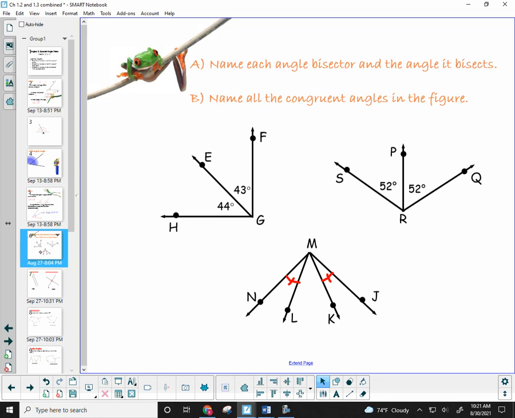Would you start with L or N and L, because of the middle thing? Yeah.